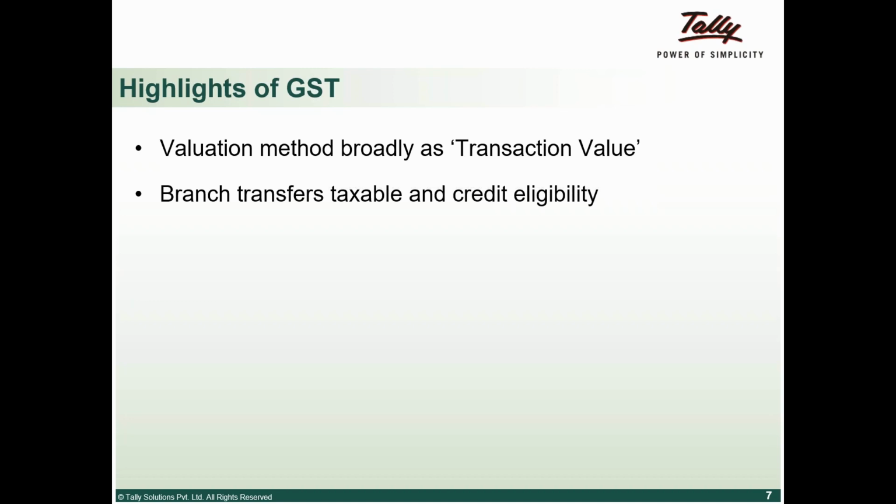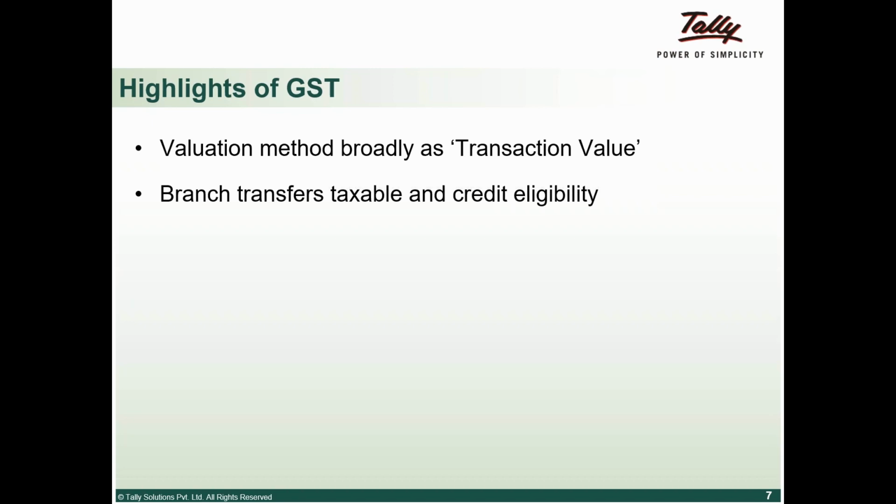Under GST, what did we say? Supply of goods or service, there is going to be a tax element in that transaction. Now, branch transfer is basically me supplying my goods from one branch to another branch or from my head office to my branch. Since I am supplying, now tax needs to be charged. So under GST, all branch transfers will be liable to GST.